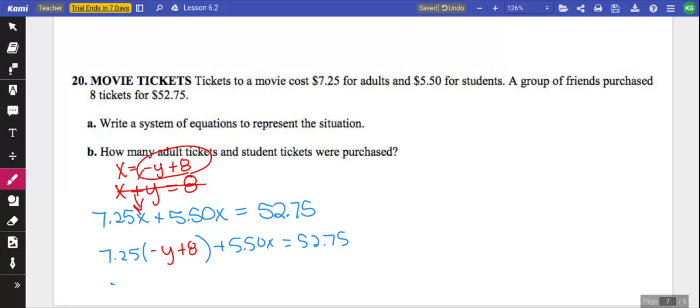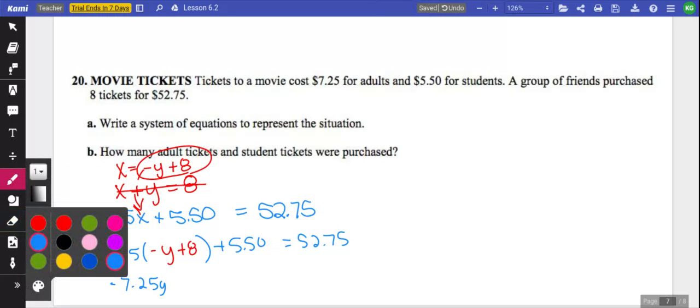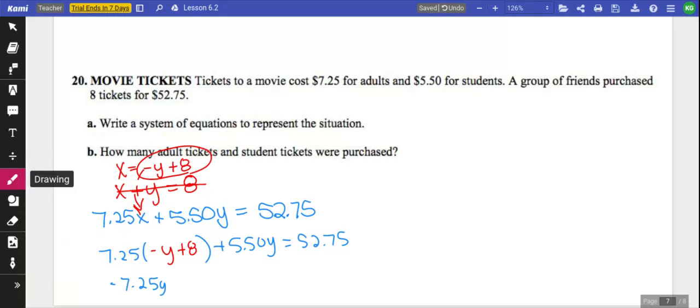When I distribute, that's going to give me negative 7.25y. What did I do up here? And then 7.25 times 8 is 58. Plus 5.50y equals 52.75.